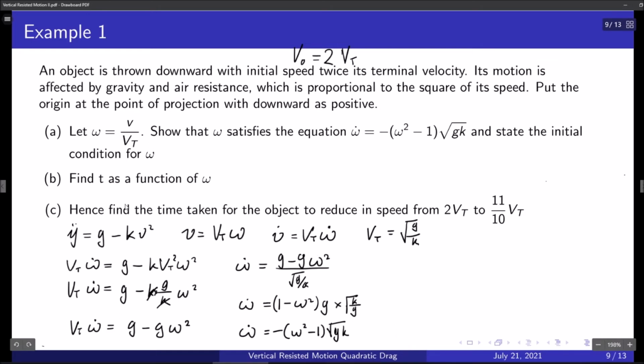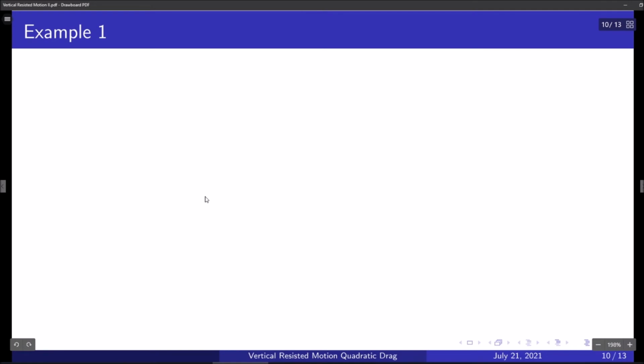So find t as a function of omega. Let's do that. Obviously, d omega over dt will have to equal negative omega squared minus 1 times the square root of gk, as we found out earlier.